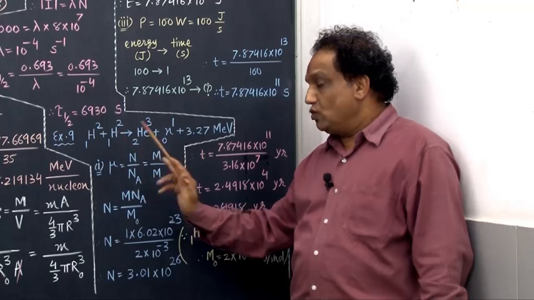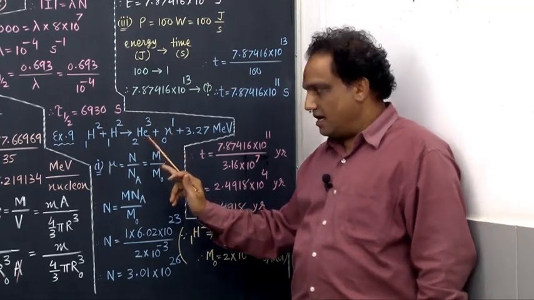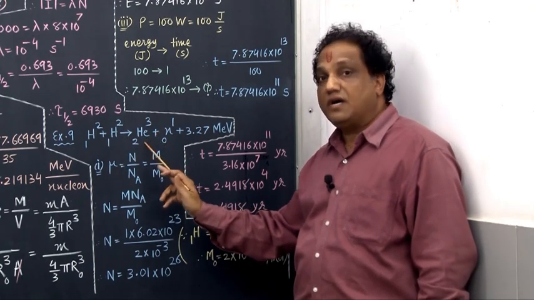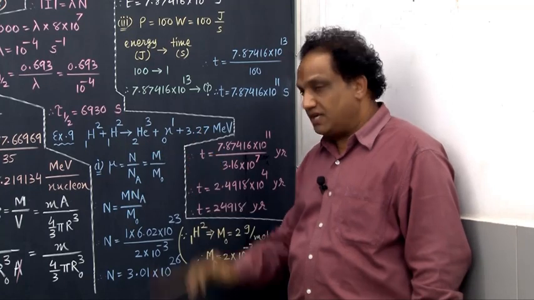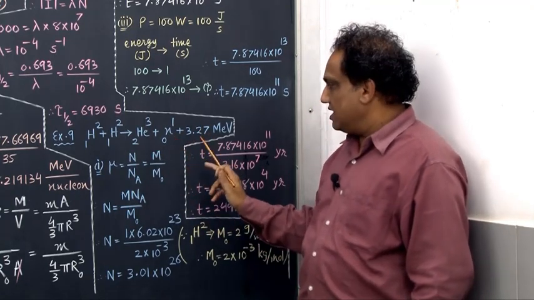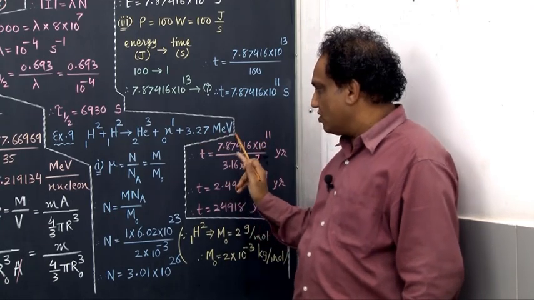Come on, 2 deuterons are combining and that gives 1 helium nucleus, not helium nucleus actually, it's an isotope, 2He3, plus 1 neutron is emitted and this much energy is liberated, 3.27 million electron volt.